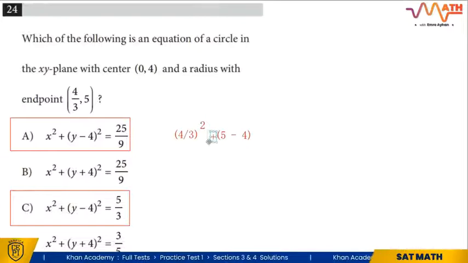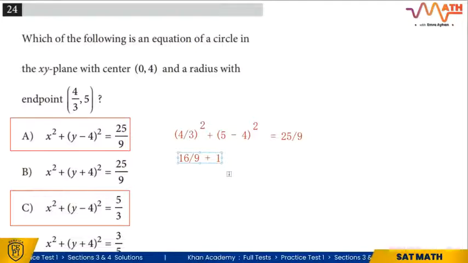Right. Plus. So if this gives us the result 25/9, then we are right. No problem. So let's check this out. It's going to be 16/9 plus 1.